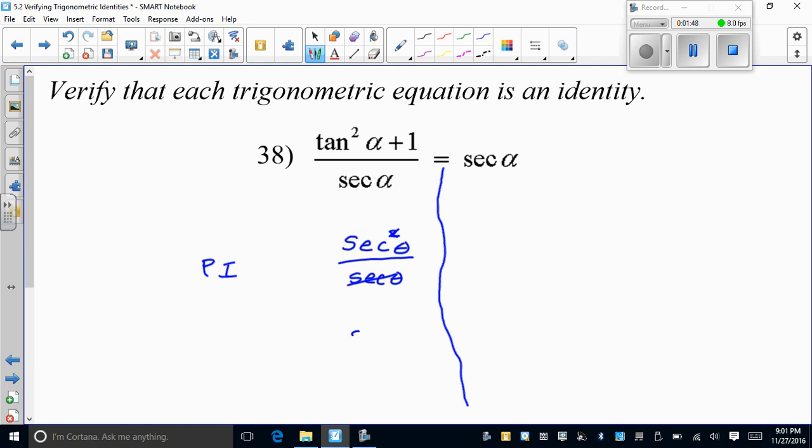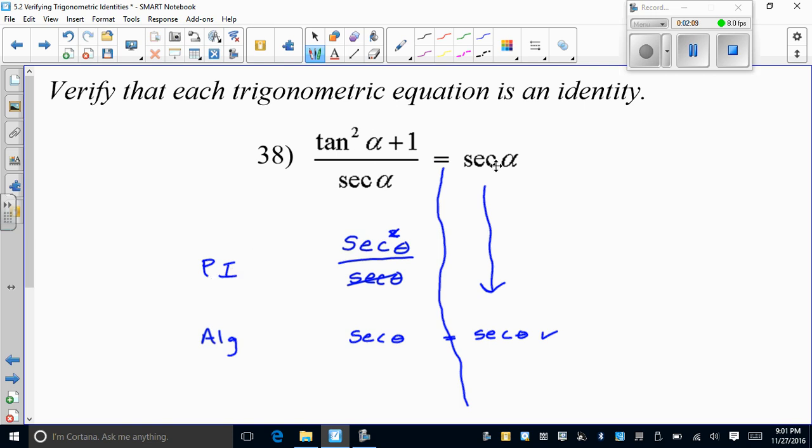And that was an algebra step. I'm just going to write algebra. And if I bring this guy down, secant of theta equals secant of theta, and we're done. Using trig identities, and only really one, I would prove that this mess equals this guy.